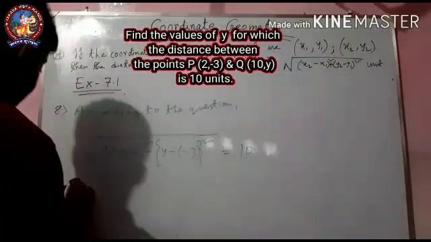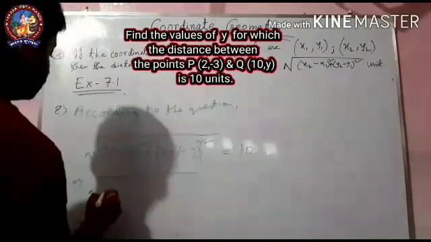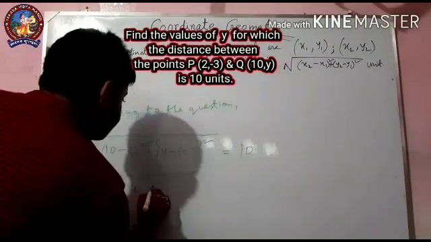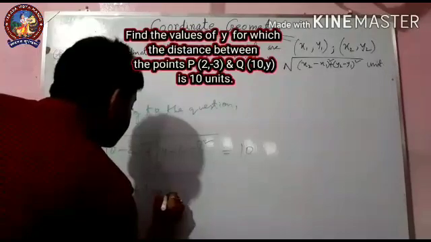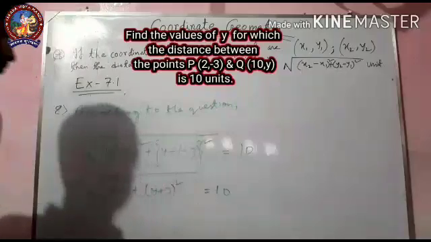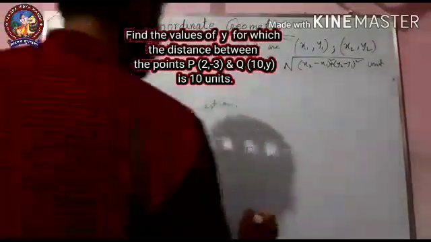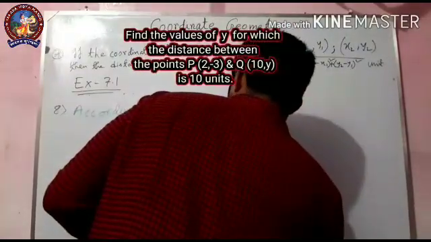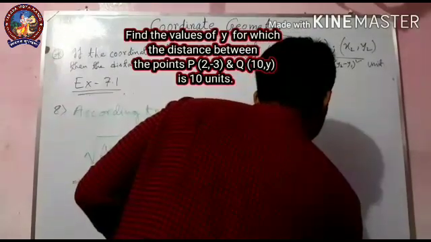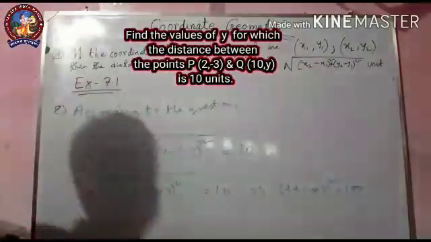Okay, now simplify it. It's 10 minus 2, that is 8 squared, 64, plus y plus 3 whole square, that is 10. This implies 64 plus y plus 3 whole square equals 100 by squaring both sides. Okay.